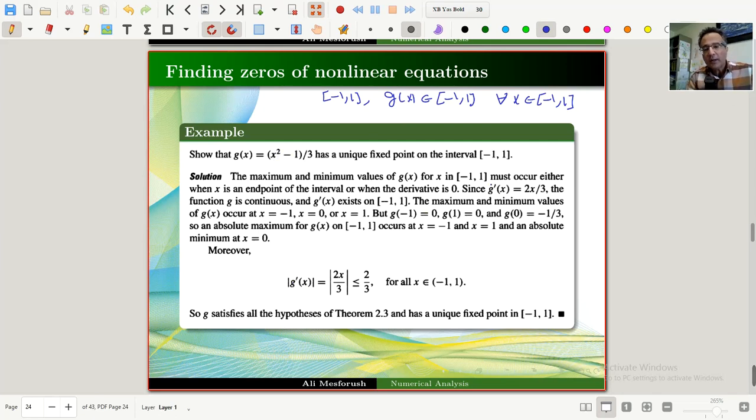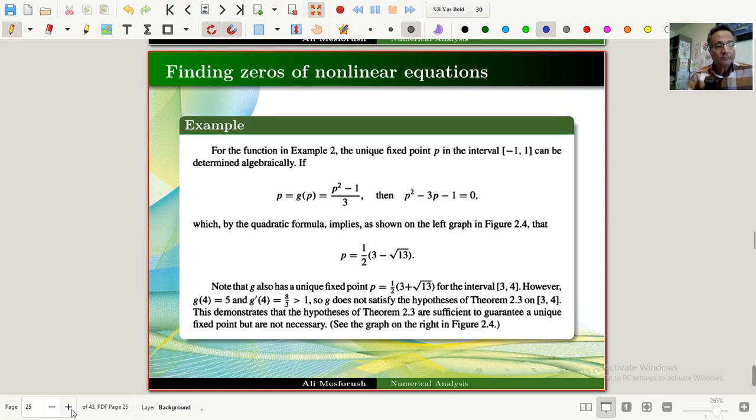So g prime of x should be 2x over 3, and the absolute value of g prime of x over the interval should be the absolute value of 2x over 3, and it should be less or equal 2 over 3, and this is less than 1. Yeah, and by the theorem, in fact, there exists a unique fixed point in the interval minus 1 and 1.